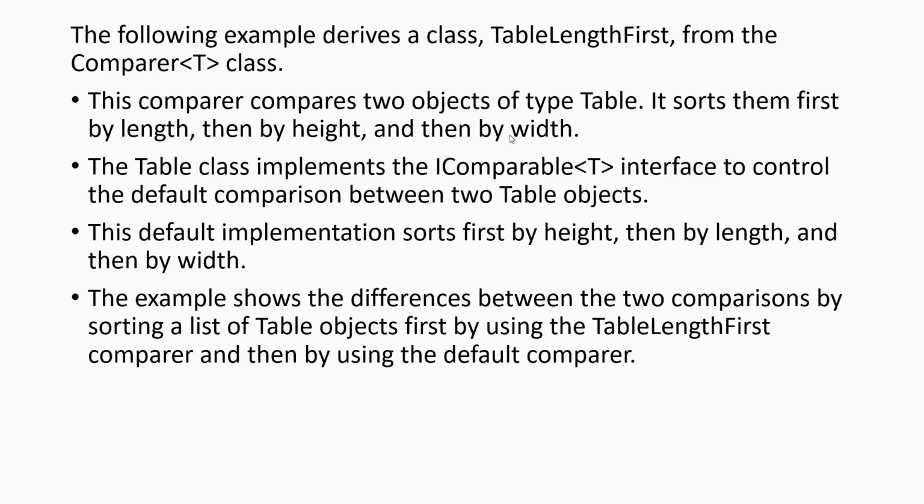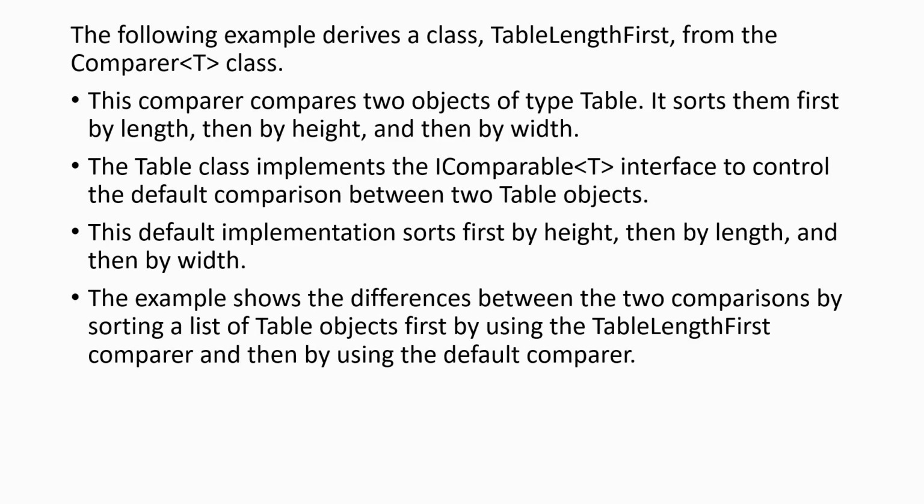It sorts them first by length, then by height, and then by width. Now the Table class implements the IComparable<T> interface to control the default comparison between two Table objects. This default implementation sorts first by height, then by length, and then by width. We'll soon see an example showing the difference between the two comparisons by sorting a list of Table objects first using the TableLengthFirst comparer and then using the default comparer.